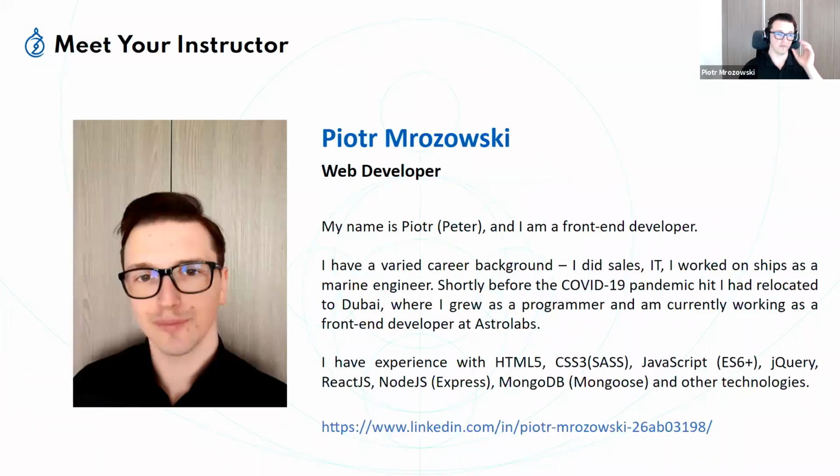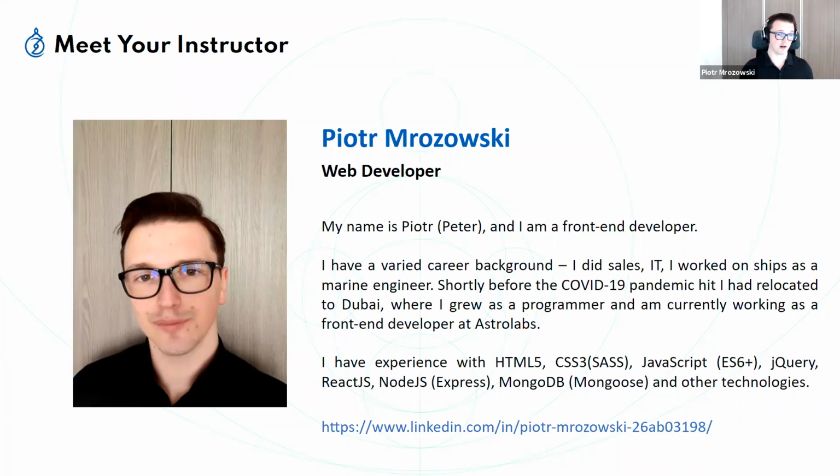A bit about me. My name is Piotr. My last name is Mrozowski, but you don't have to try to pronounce it. I am a front-end developer. I have quite a varied career background. I did sales. I worked in various forms of IT. I also worked on ships as a marine engineer, sailing all across Europe, Asia, Africa. But at some point, unfortunately, I developed nerve damage in my left arm.